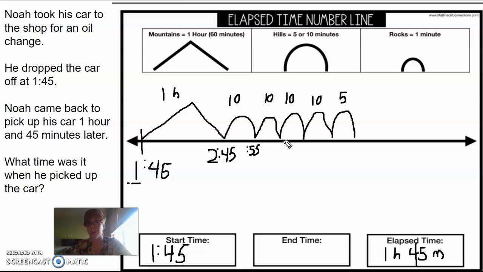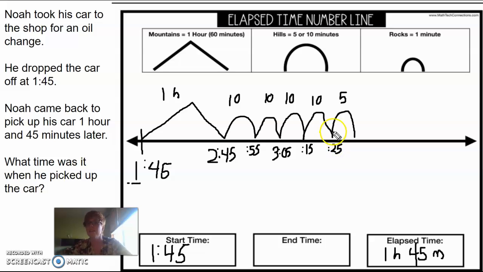We're going to go into the next hour with this one. It would be 3:05. 3:05 plus 10 is 3:15. And 15 plus 10 is 3:25.